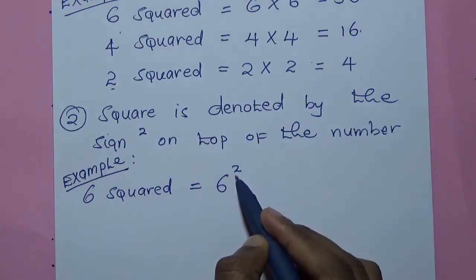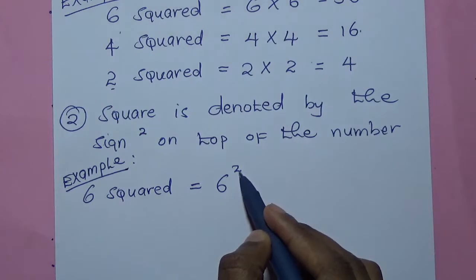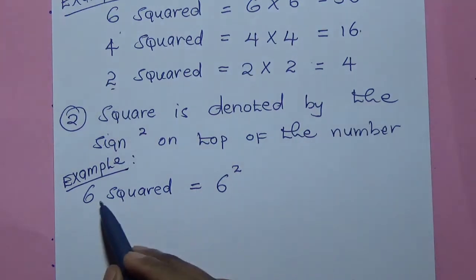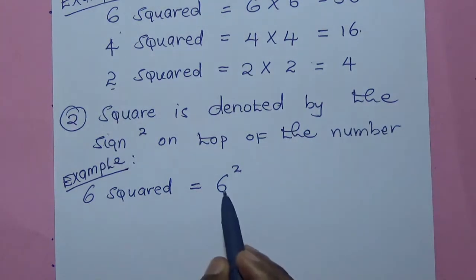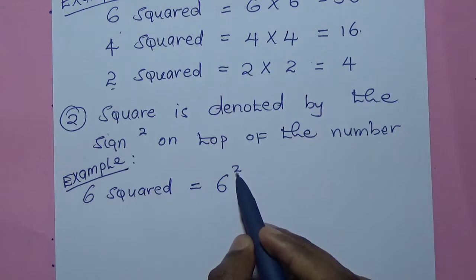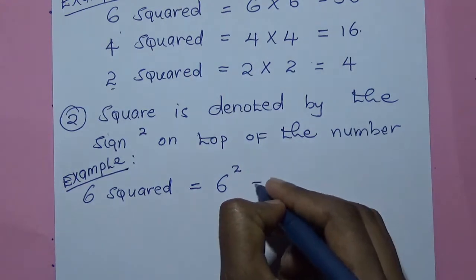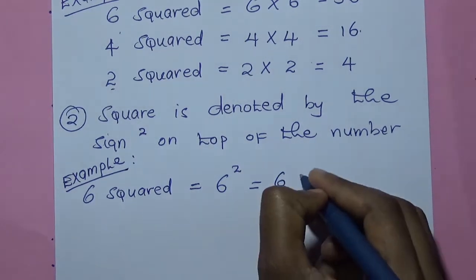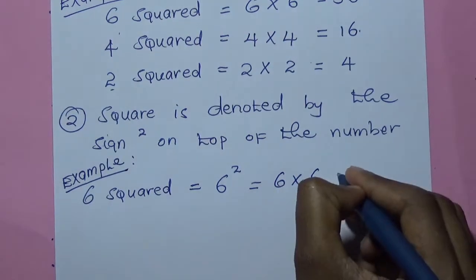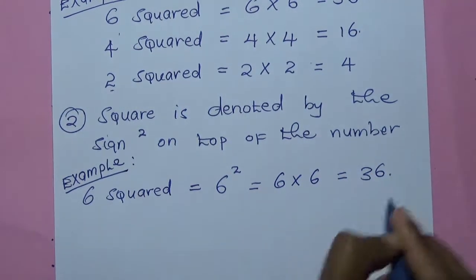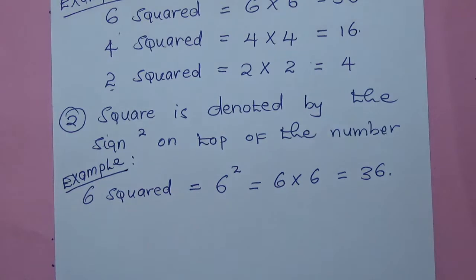Now, this is what we are saying. A small 2 on top of a number means that you square that number. So 6 squared can be written as 6 with a small 2 on top. And this, we have said, it means you take 6, you multiply by itself to give you 36.